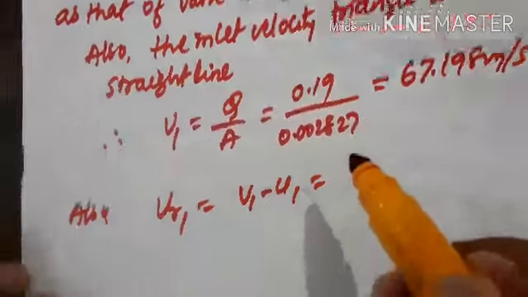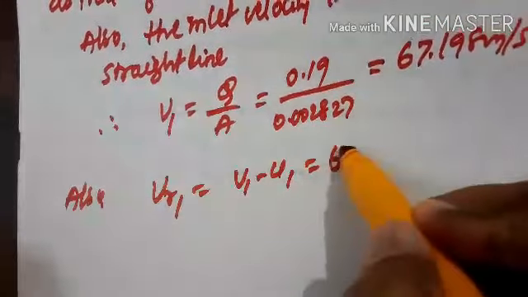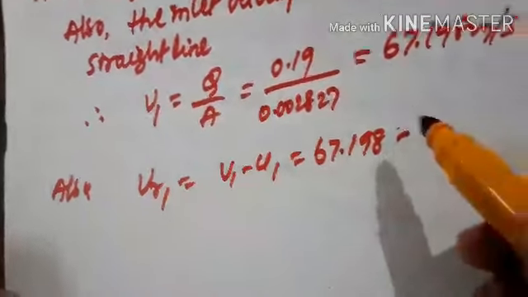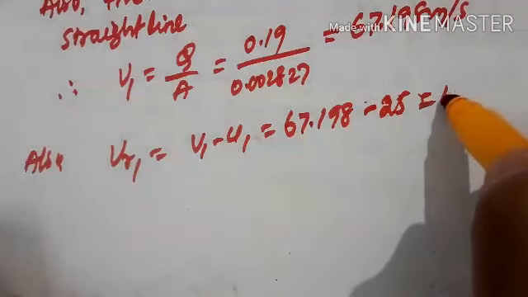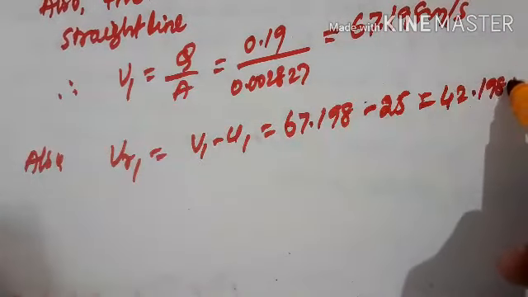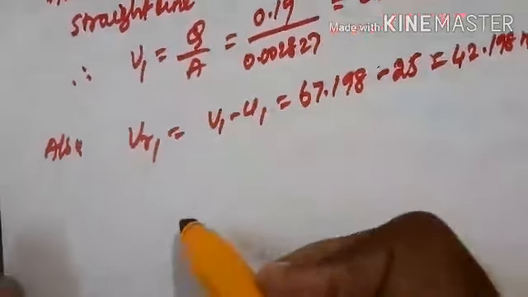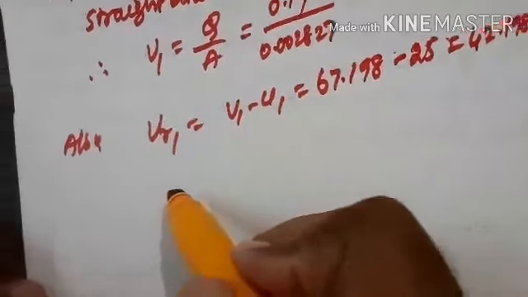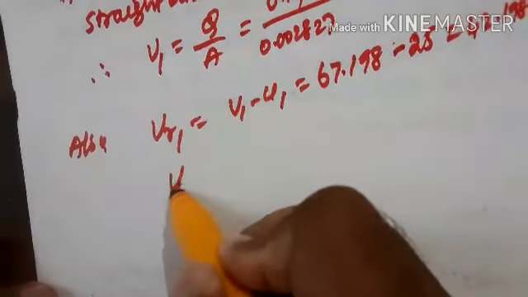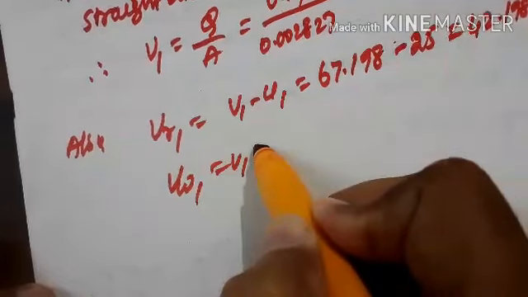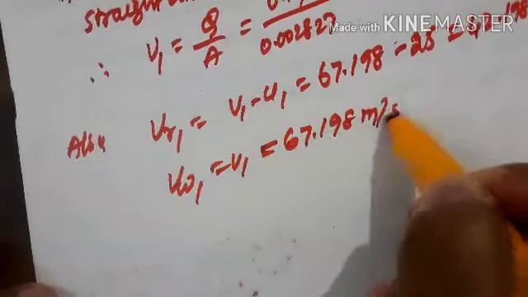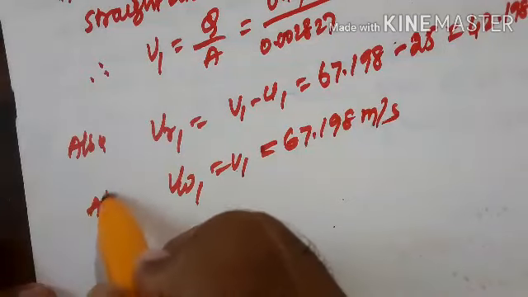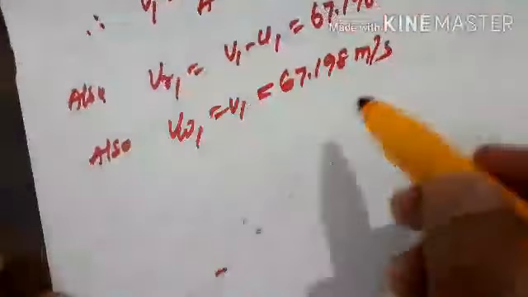V1 minus U1. So that is 67.198 minus 25, we get 42.198 meter per second. Then VW1 is equal to V1, which is 67.198 meter per second also.